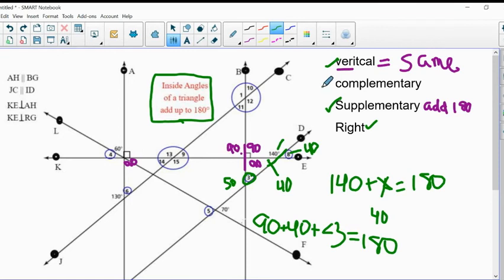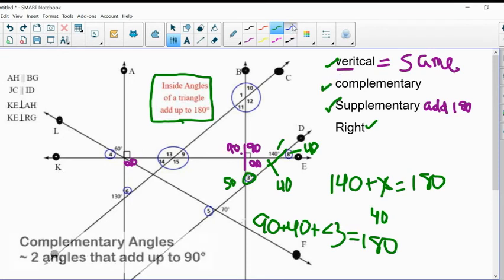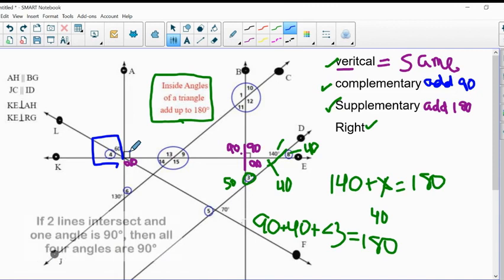The one thing we didn't talk about is complementary angles. Complementary angles are two angles that add up to 90 degrees. I have one set of complementary angles here in the corner. I know this corner is 90 degrees because this angle here is marked as 90.